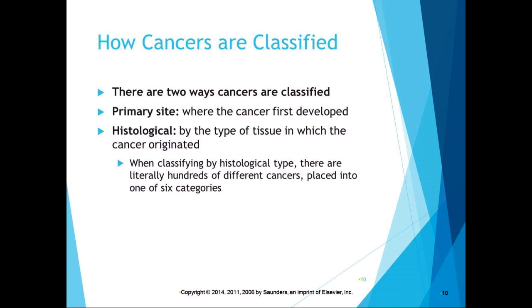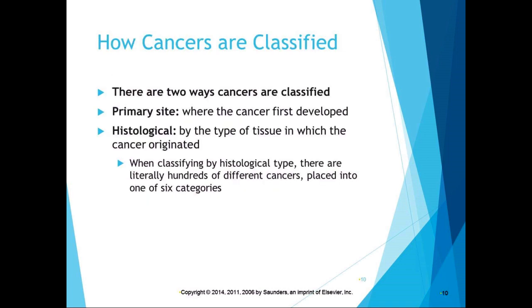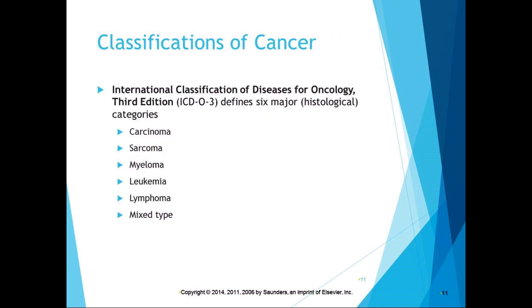There are two ways that cancers are classified. The primary site where the cancer first developed, so in the previous slide the carcinoma of the colon was the original site, and then histologically by the type of tissue where the cancer originated. There are literally hundreds of different cancers by histological type, but they're usually placed into one of 6 categories.